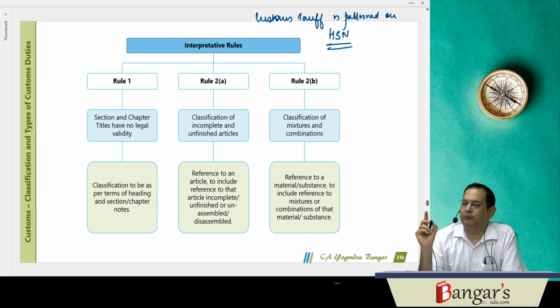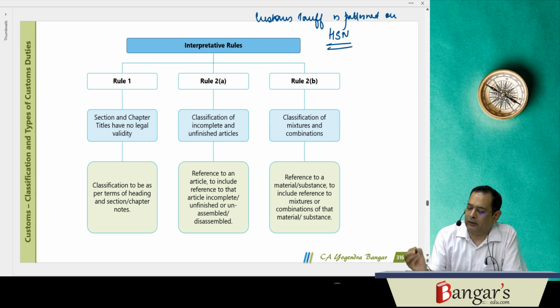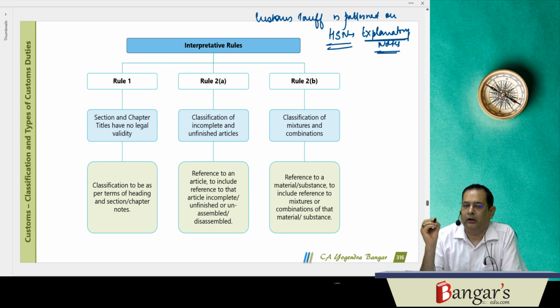Our tariff has been patterned on the harmonized system of nomenclature, and this system contains explanatory notes, and we can take the help of these explanatory notes while determining the product classification.